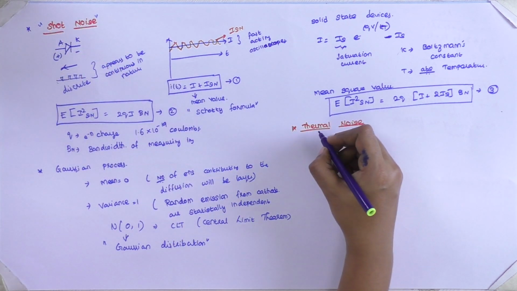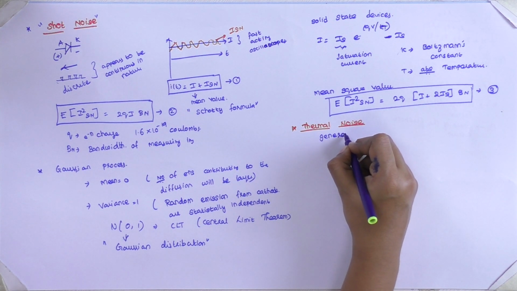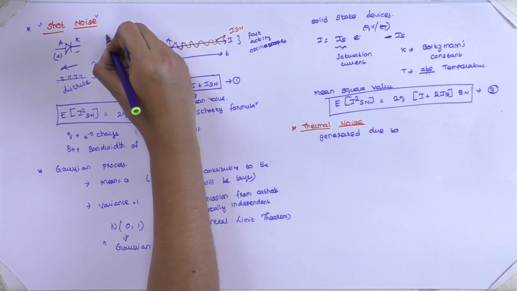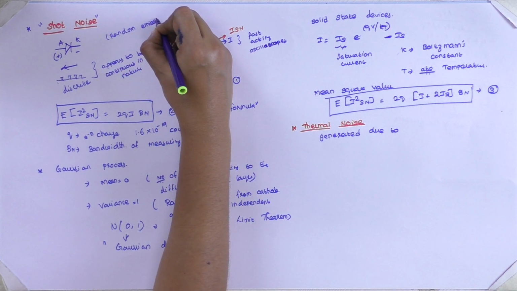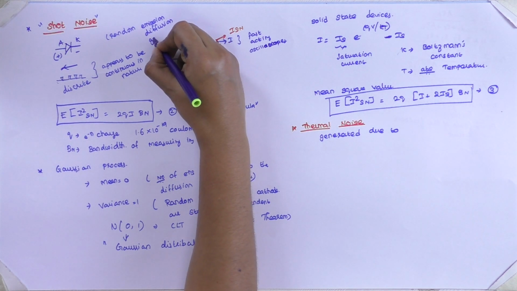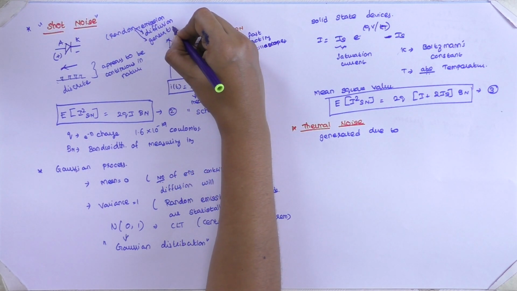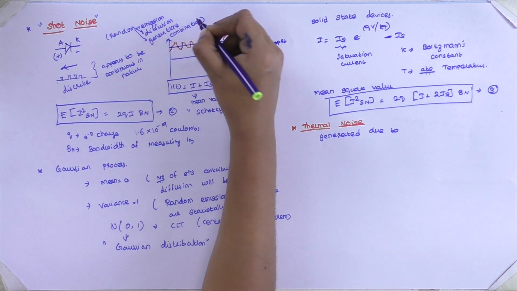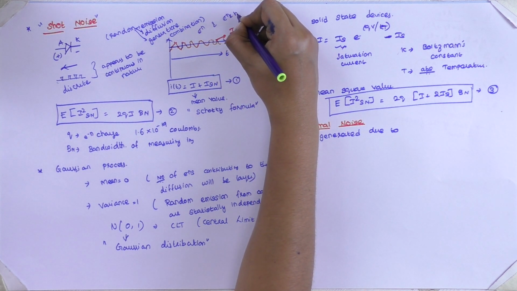We have studied that thermal noise is generated due to the random movement of electrons. This is due to random emission or random diffusion, generation and recombination, mainly due to the electrons and also due to electron and hole combination.